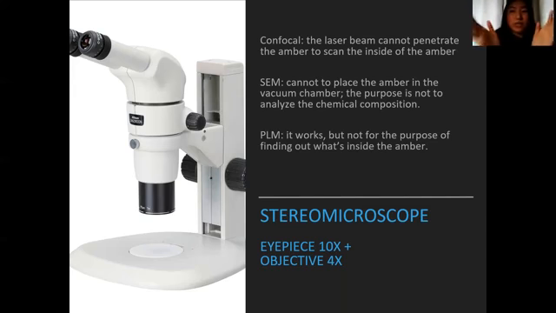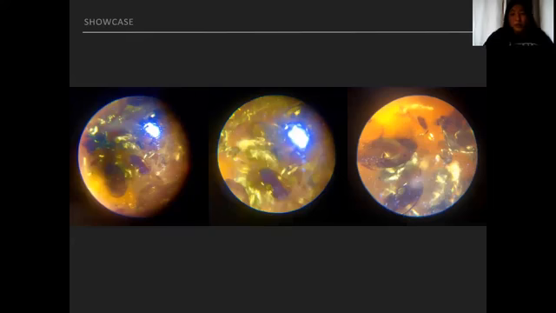The purpose is to find what exactly is inside this amber, if there's an actual bug trapped inside. So basically, that's why I'm calling it an everlasting mystery, since I couldn't really find a way to find out if there is an actual bug trapped inside, or if it is just my illusion from staring at the microscope for 2 entire hours.